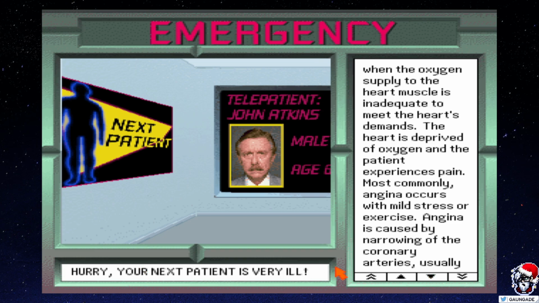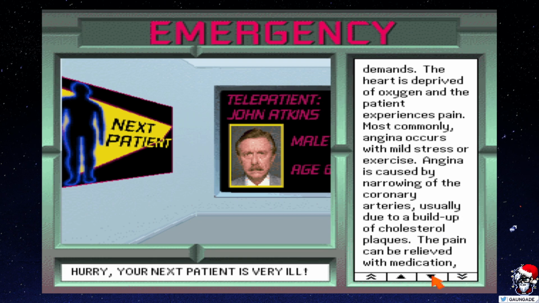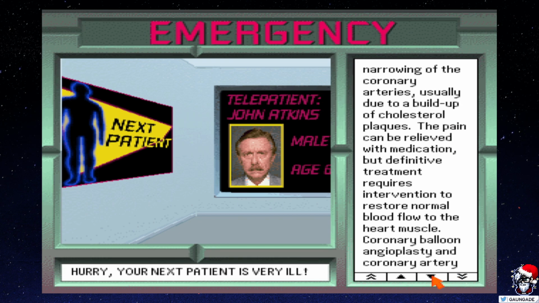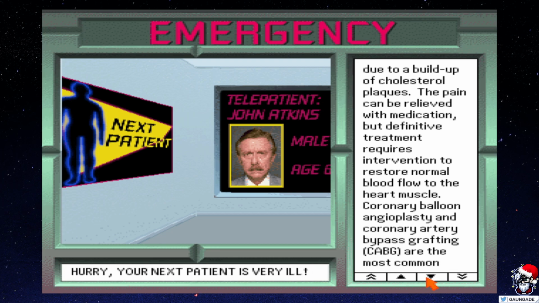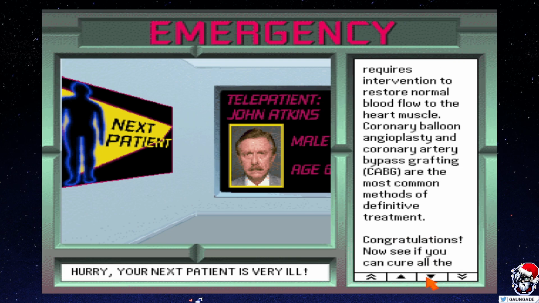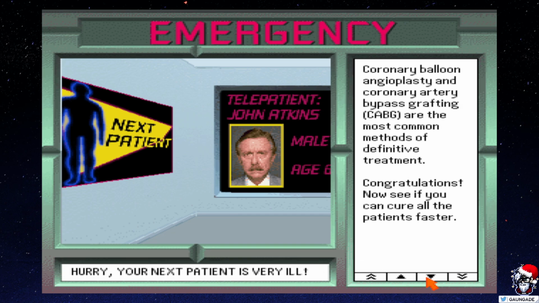Angina is caused by narrowing of the coronary arteries, usually due to a buildup of cholesterol plaques. The pain can be relieved with medication, but definitive treatment requires intervention to restore normal blood flow to the heart muscle. Coronary balloon angioplasty and coronary artery bypass grafting are the most common methods of definitive treatment. Congratulations! Now see if you can cure all the patients faster.